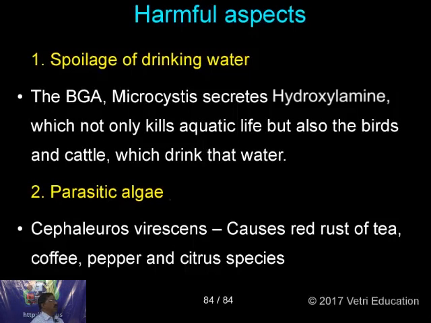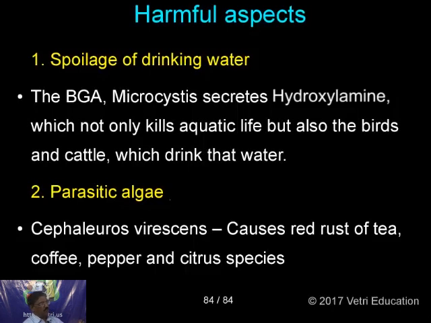Next, the spoilage of drinking water: the blue-green algae Microcystis secretes a toxic substance, dihydroxyamine. This is a chemical substance produced by blue-green algae like Microcystis, which not only kills the aquatic life but also the birds and cattle which drink that water.